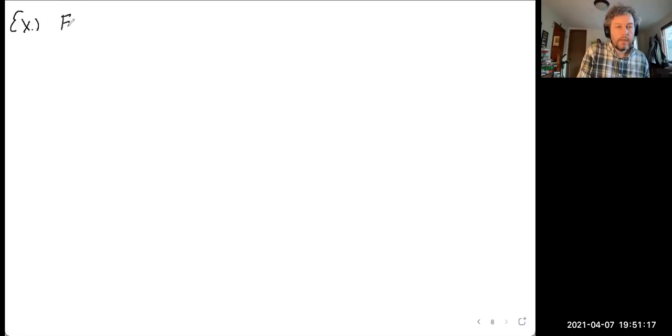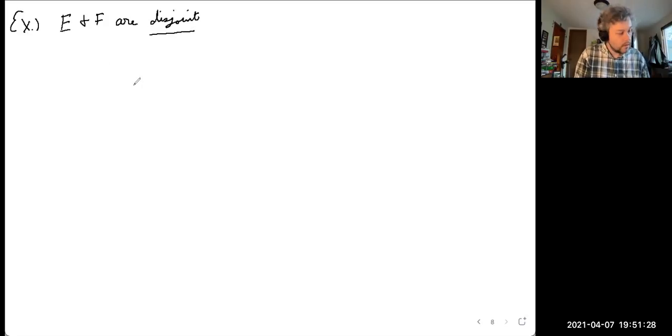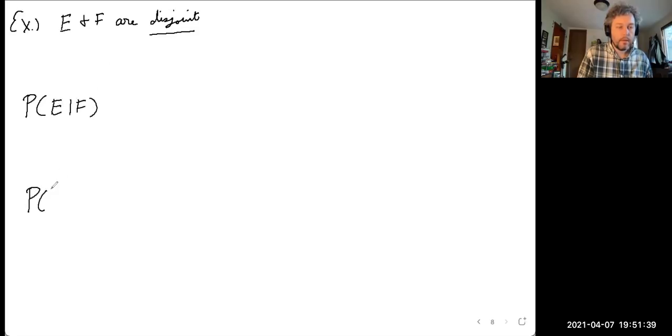Let's say that the events E and F are disjoint. Okay, and we know what that means. Let's find the probability of E given F and the probability of F given E. So the only thing I know is that E and F are disjoint.